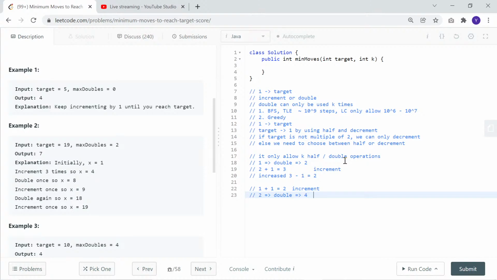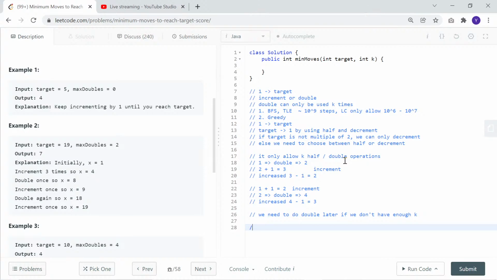But in the second example, we increase by 4 minus 1 equal to 3. So from this, we can see that we need to do the double later, if we don't have enough k.